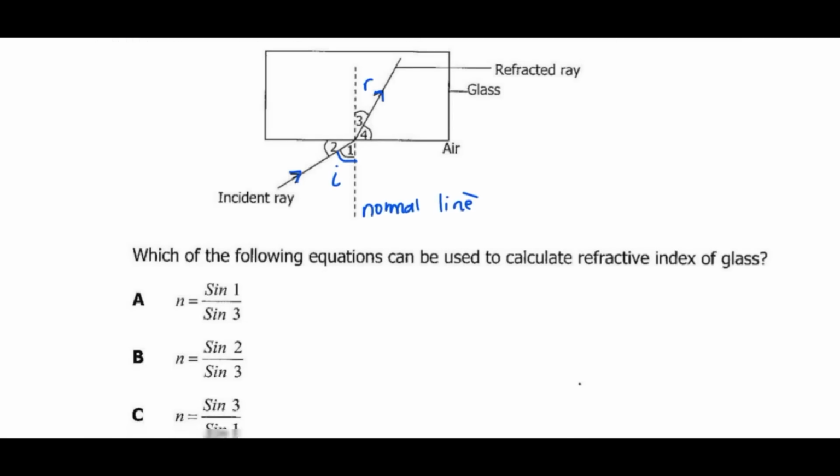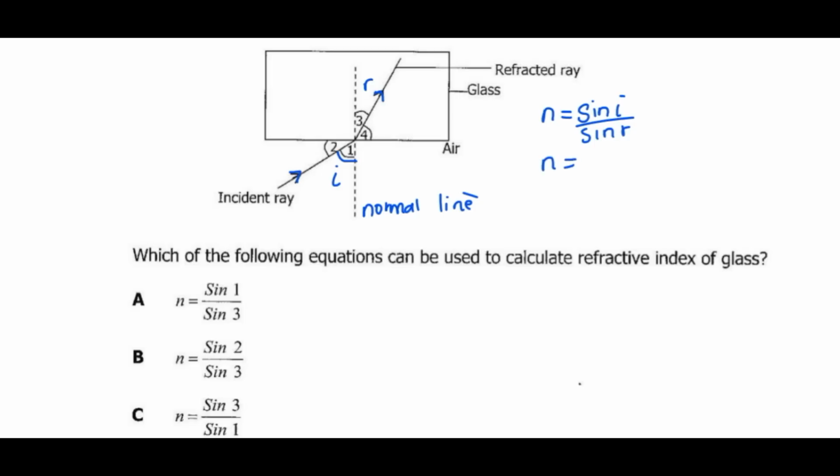So if we look at the question, which of the following equations can be used to calculate the refractive index of the glass? The symbol for refractive index is small letter n, and it is given by the ratio between sin i and sin r.